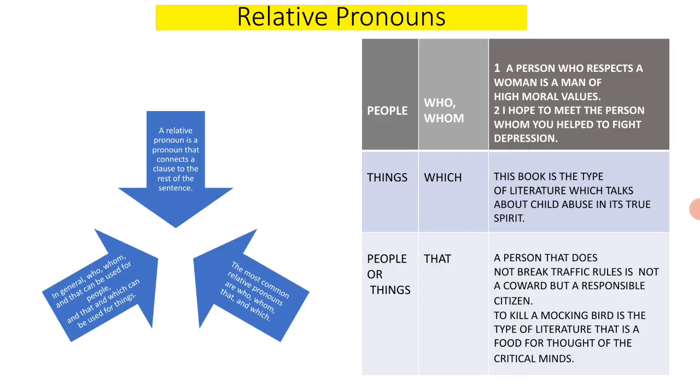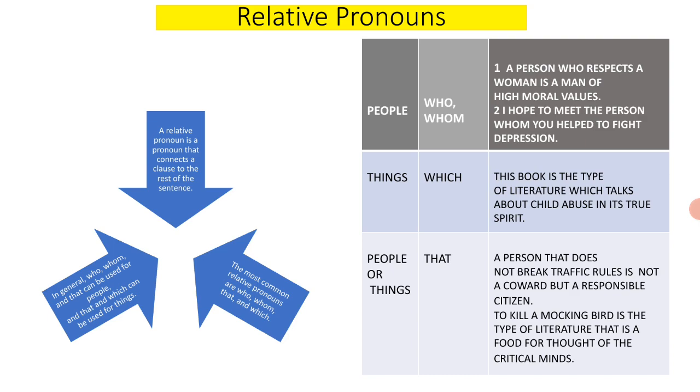Relative pronouns, as we know that pronouns are words that we use in place of nouns. So relative pronouns are a type of pronoun that connects a clause to the rest of the sentence.